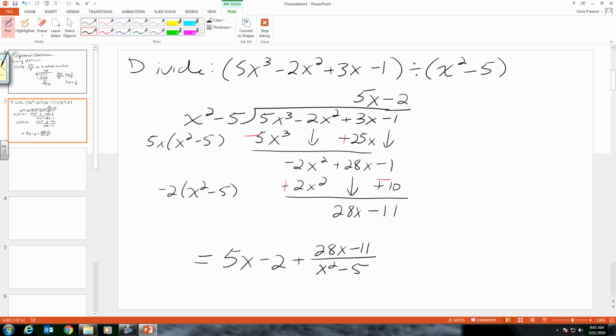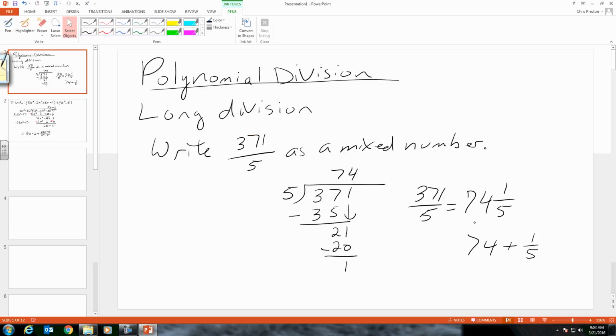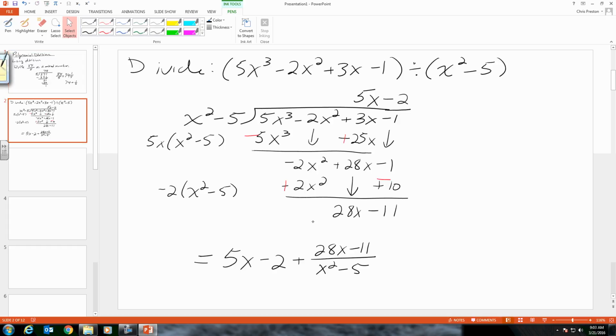This is just like in that first example we did, where we got 74 and 1/5, or 74 plus 1 divided by 5. So our quotient plus our remainder over our divisor. That's exactly what happened here. We got our quotient plus our remainder over our divisor.